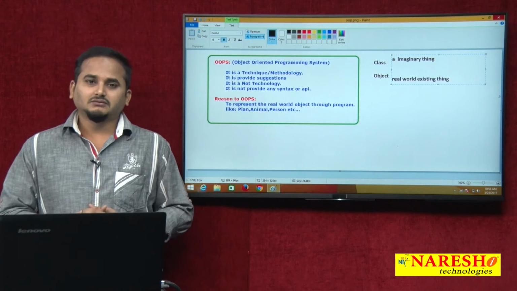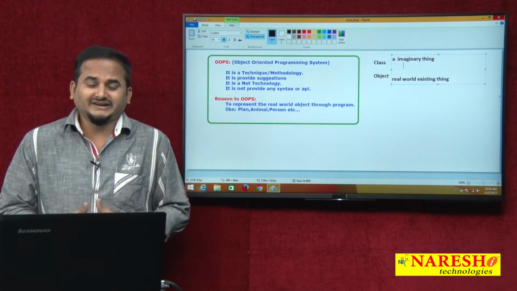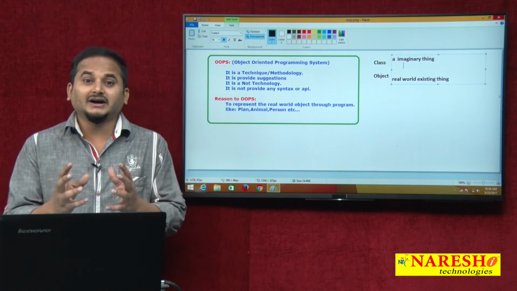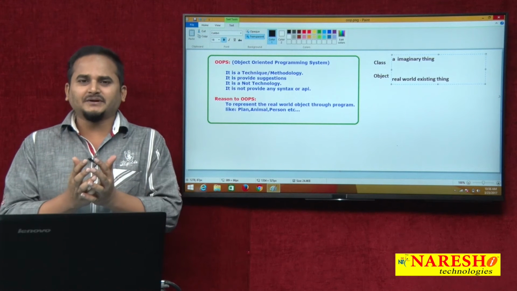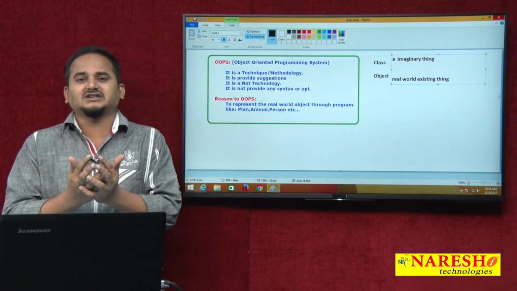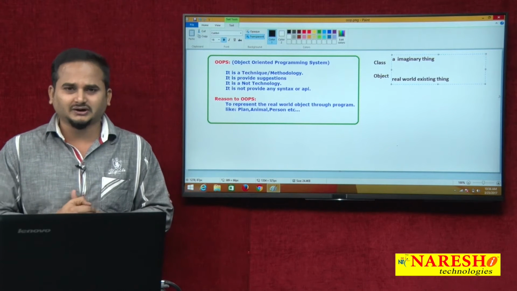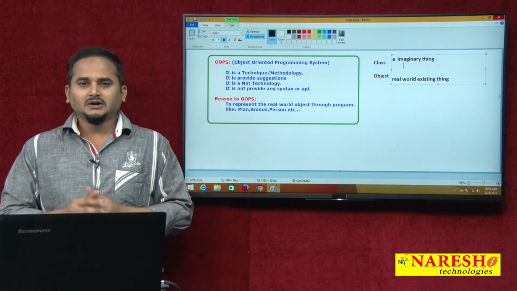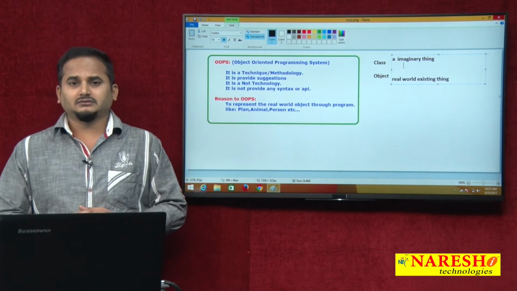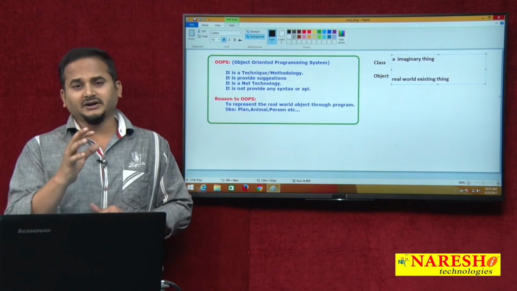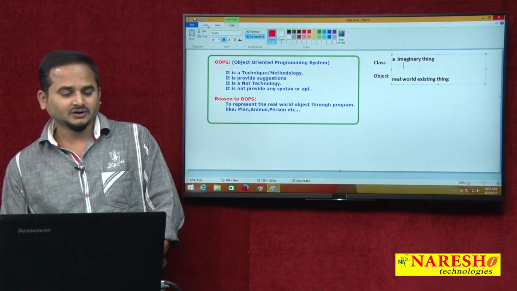But if I say that after completion of this session I want to eat one strawberry, then everybody gets a particular picturization of that fruit. That particular picturization comes under the real world existing thing, we can call it an object. Then the imaginary thing we can call a class. So if anything exists in the real world, it definitely has three characters.